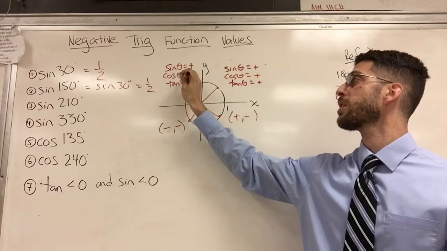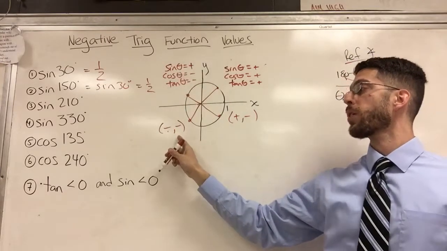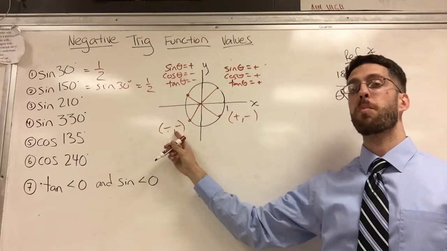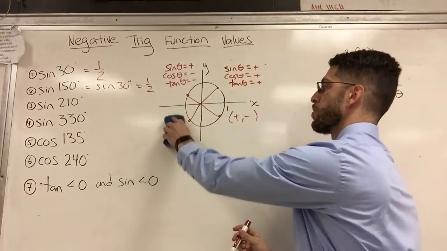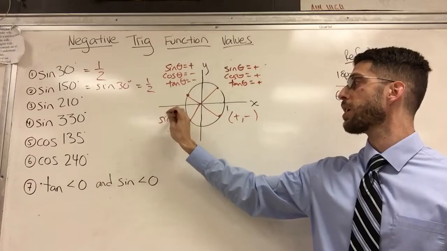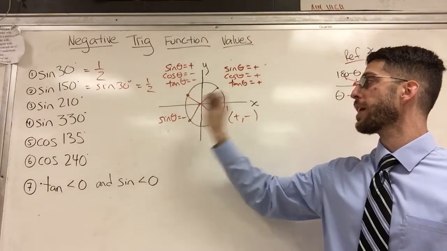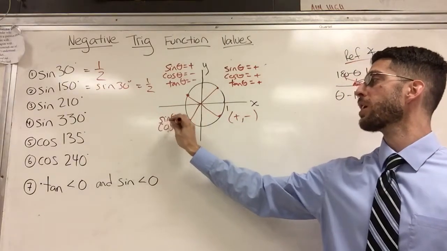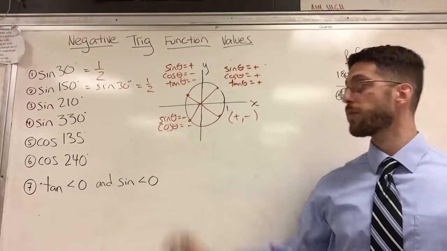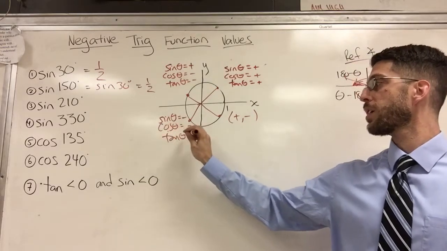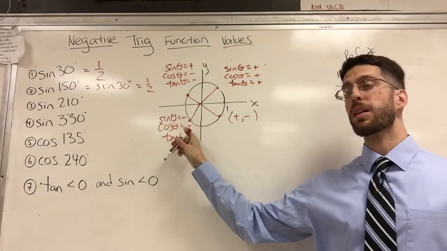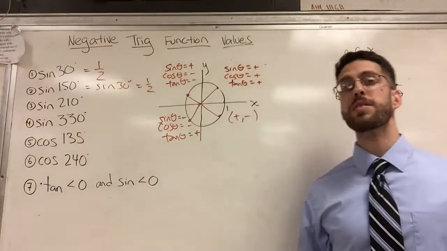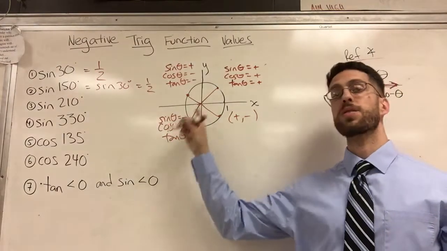So tangent is negative. What about quadrant 3? Both sine and cosine are negative, and tangent is negative divided by negative, so you can predict that you'll get a positive tangent if the angle lands in quadrant 3.